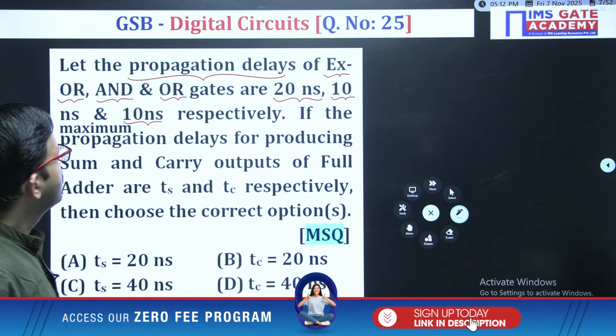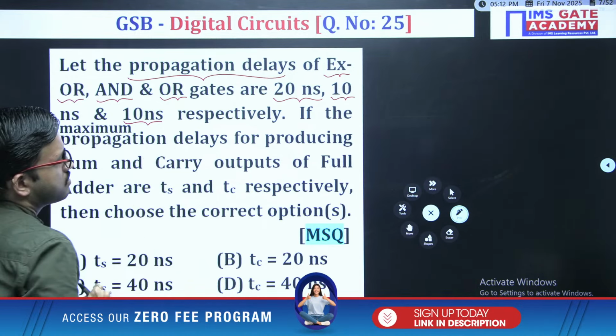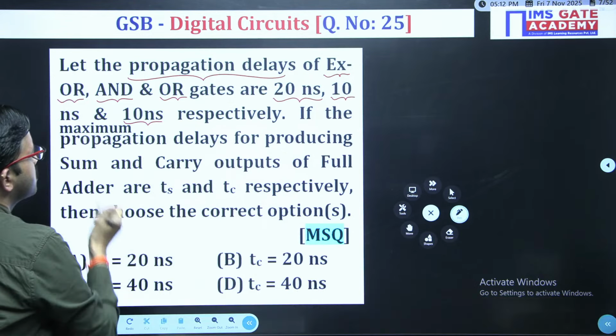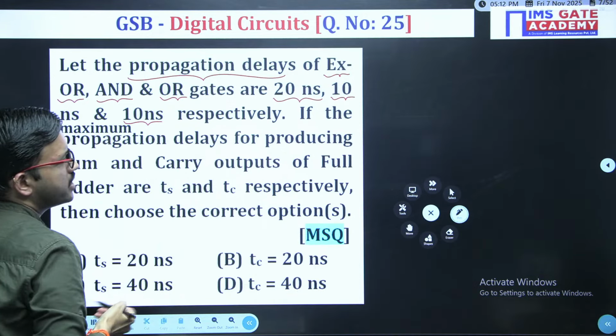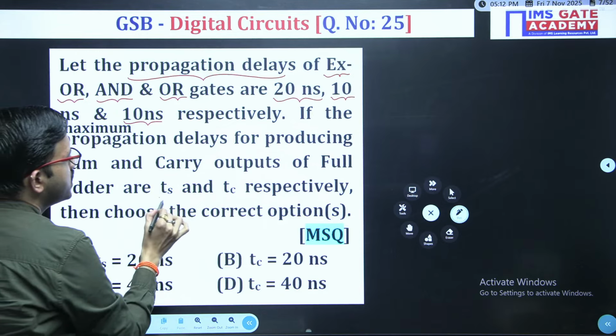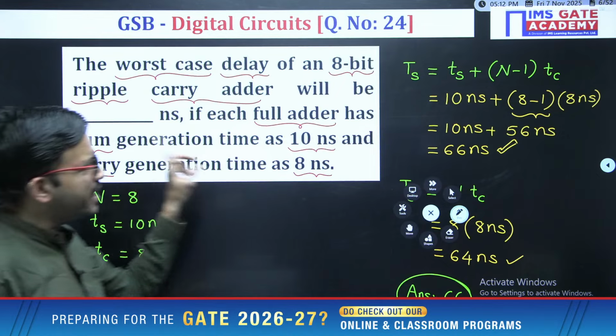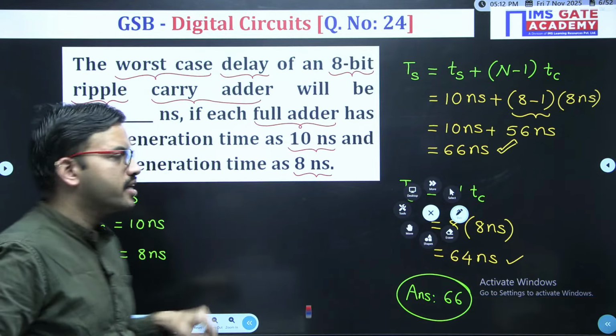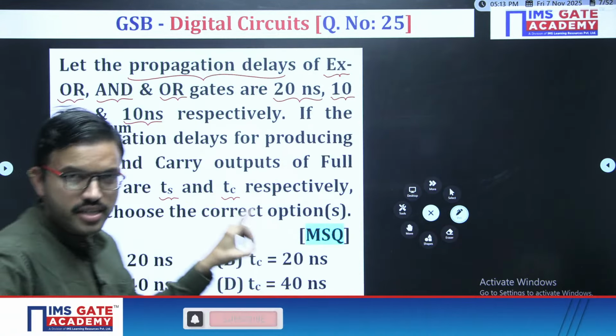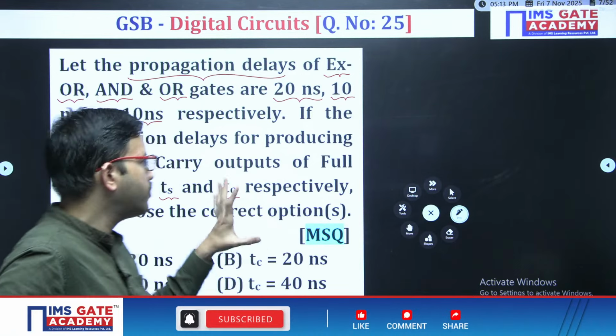If the maximum propagation delay for producing sum and for producing carry at the output of the full adder are Ts and Tc. See, in the earlier question, they gave the Ts and Tc values directly. But in this question, you have to calculate the respective sum delay and carry delay of a full adder.